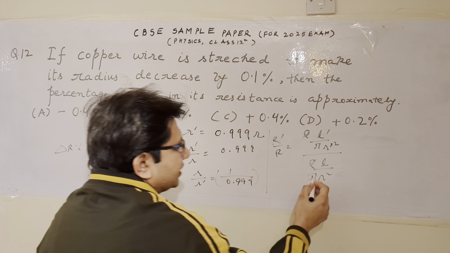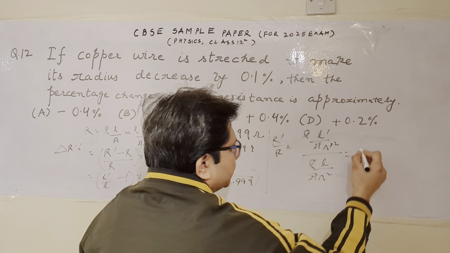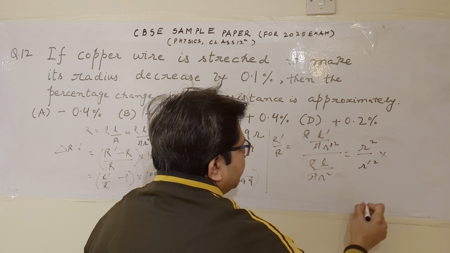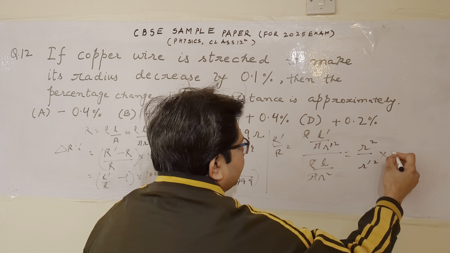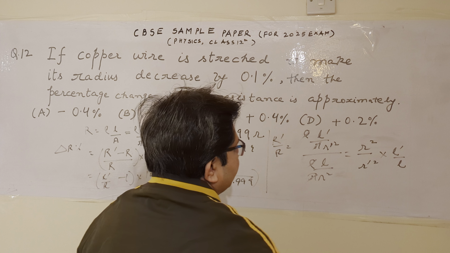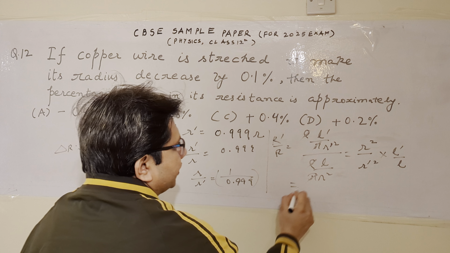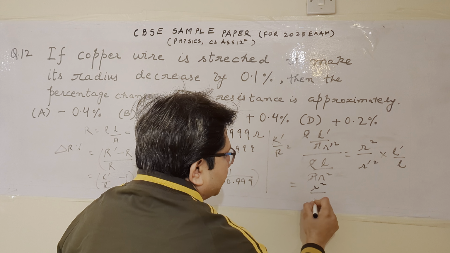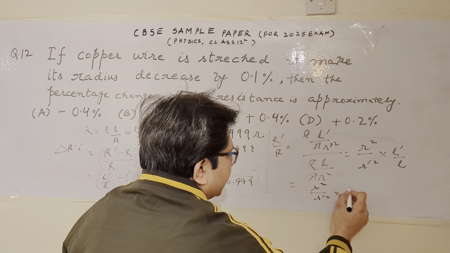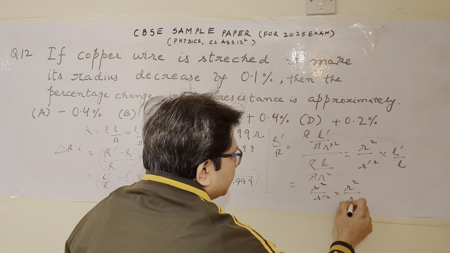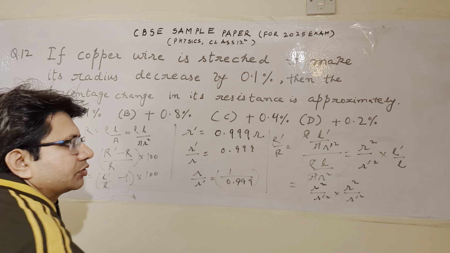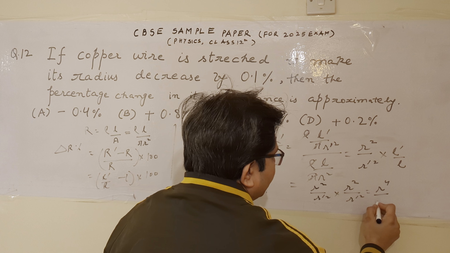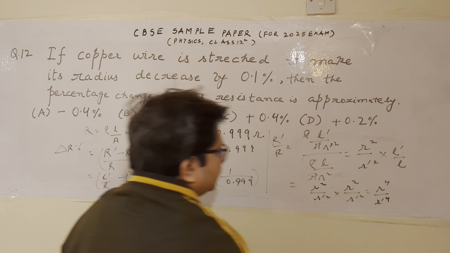This pi also cancels, and we get r square upon r dash square multiplied by L dash upon L. Now L dash upon L we have calculated earlier as r square upon r dash square. So this comes out to be r to the power 4 upon r dash to the power 4.